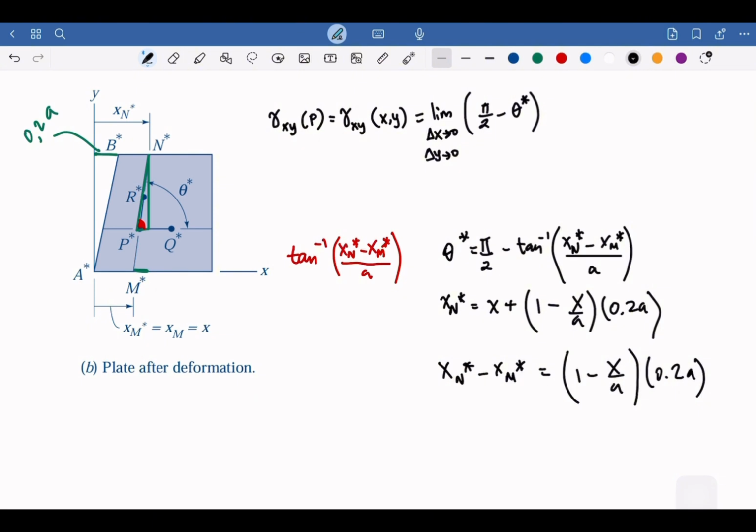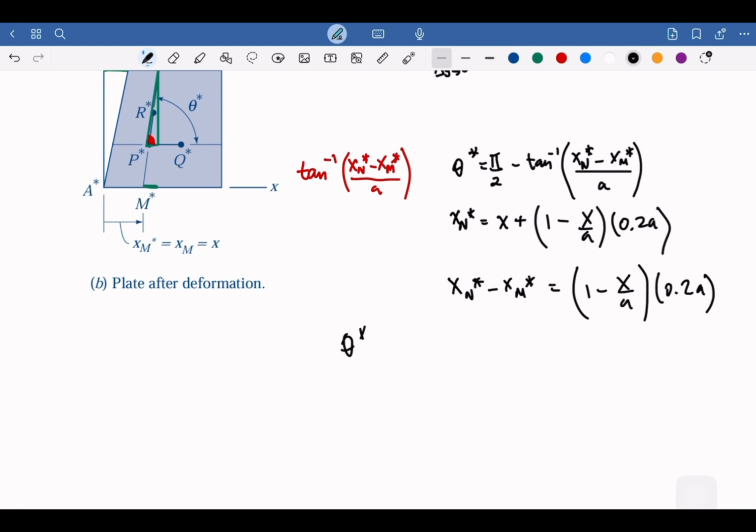Therefore the angle theta asterisk becomes pi over 2 minus tangent inverse, and we replace it all with 0.2 times 1 minus x over a.